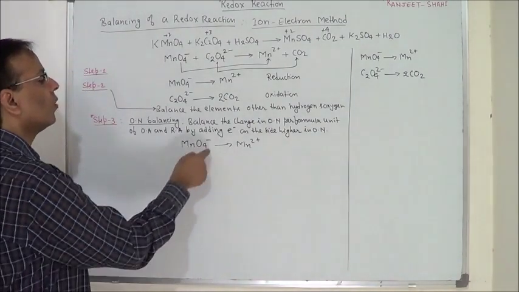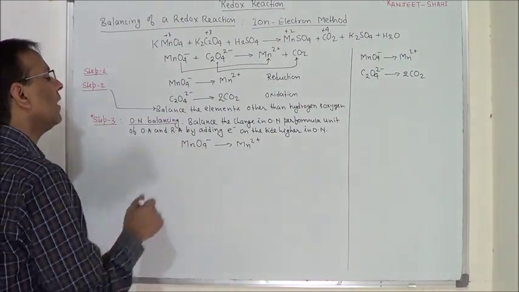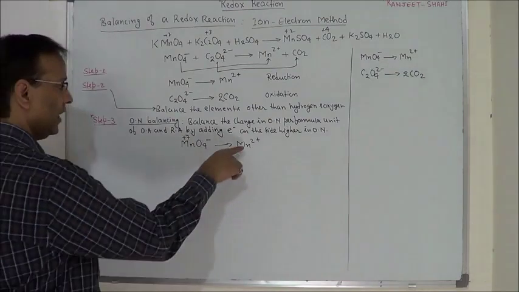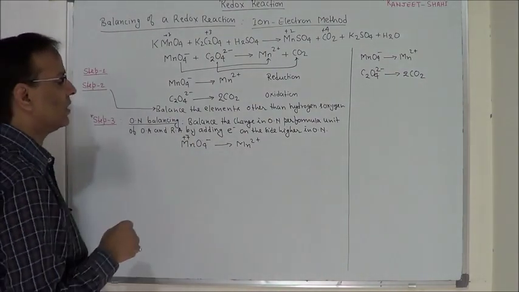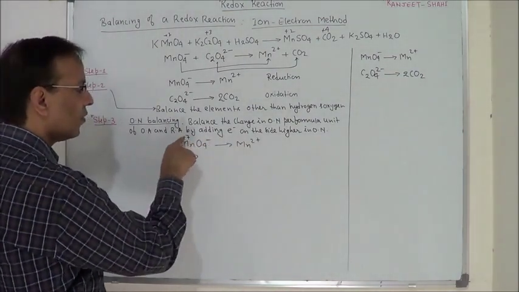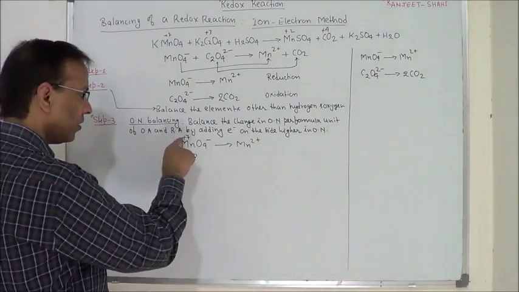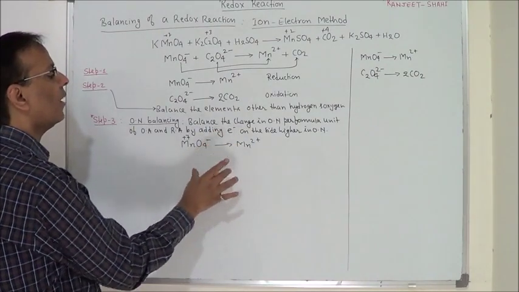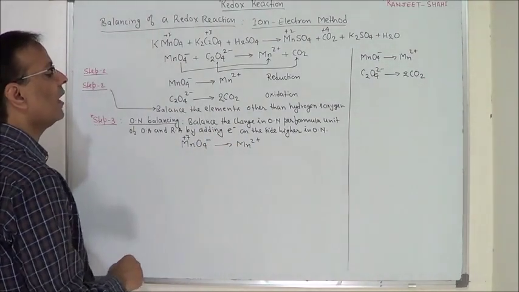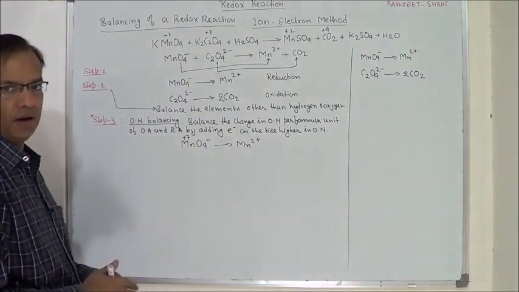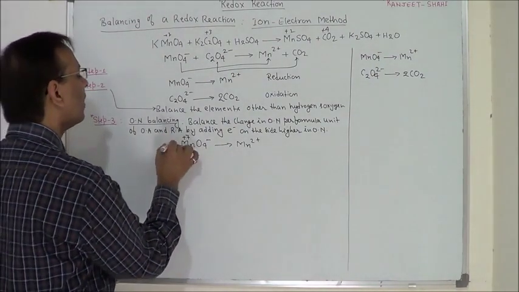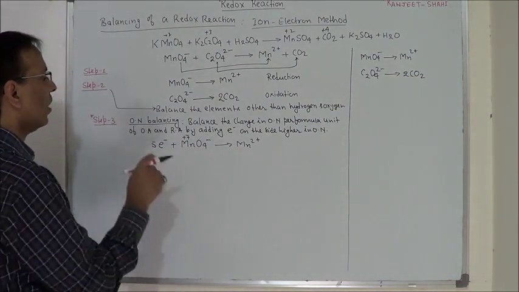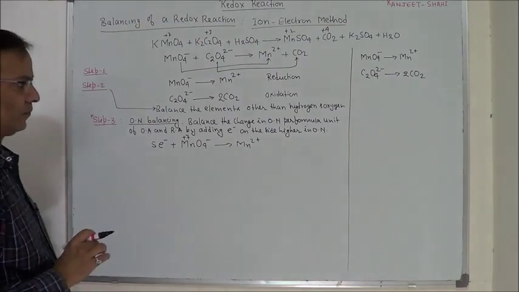Here manganese is in +7 oxidation state, on the right side it is in +2 oxidation state. So the difference is 5 units of charge, which must be balanced by adding electrons on the side higher in oxidation number. So on this side we need to add 5 electrons. This is called oxidation number balancing.